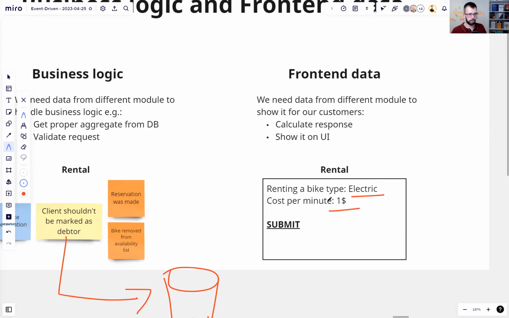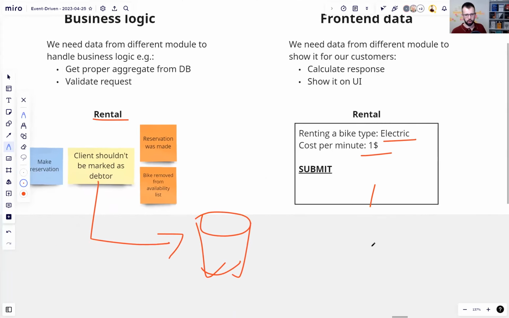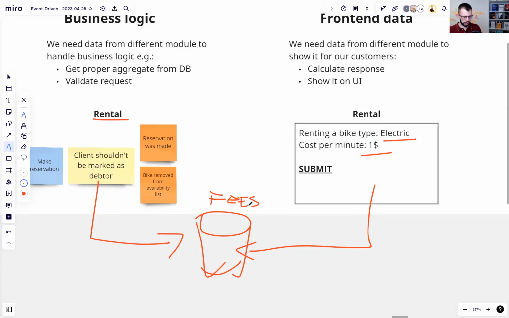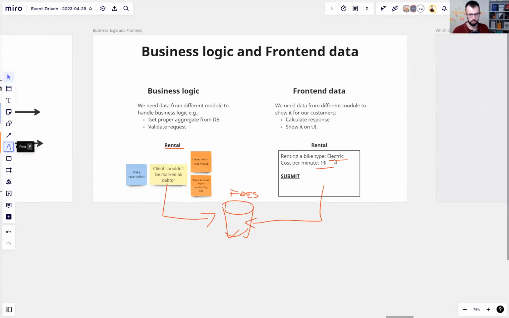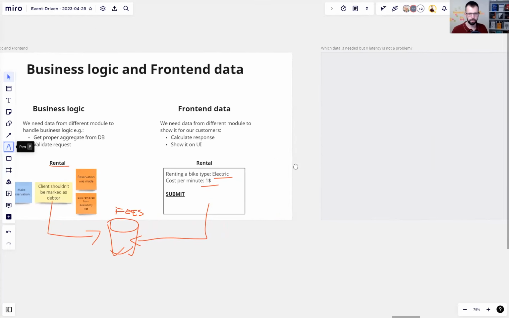We don't have this information in the rental, so we will connect to the database structures, to tables from fees. And we will once again break the modularity by a very direct connection to the data and logic from a different module. So how to handle it?